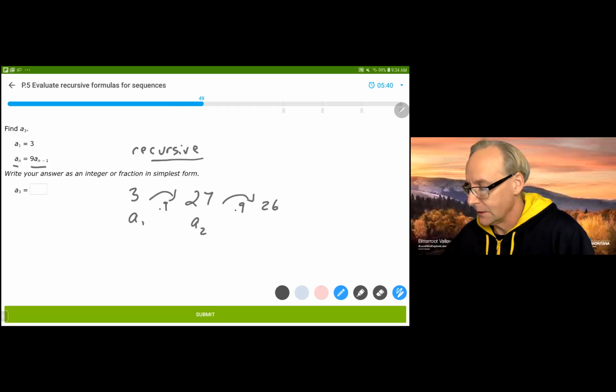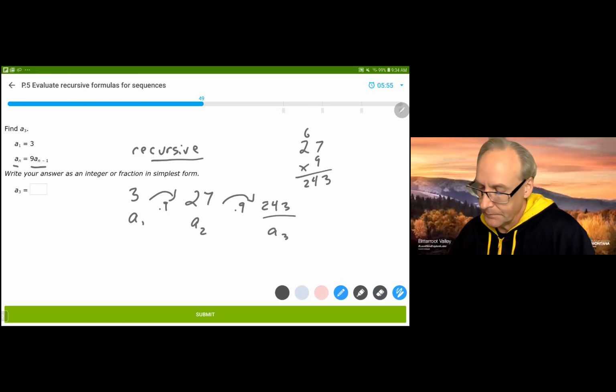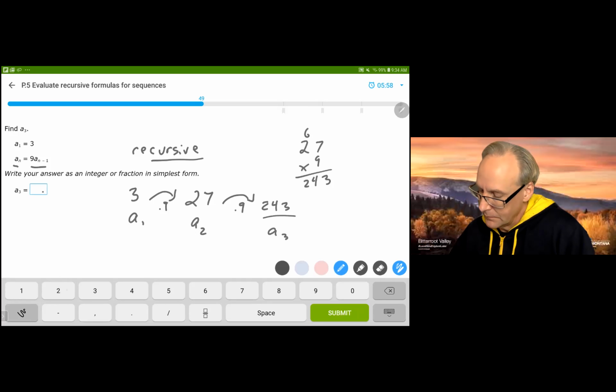No, that's not right. 243, sorry. Can't multiply today. If you need to, you can always take the 27 times 9 on up here. It's going to be the 3, carry the 6, and that's going to be 24, so 243. It's going to be my A3. Remember, 243 is 3 to the 5th power, isn't it?